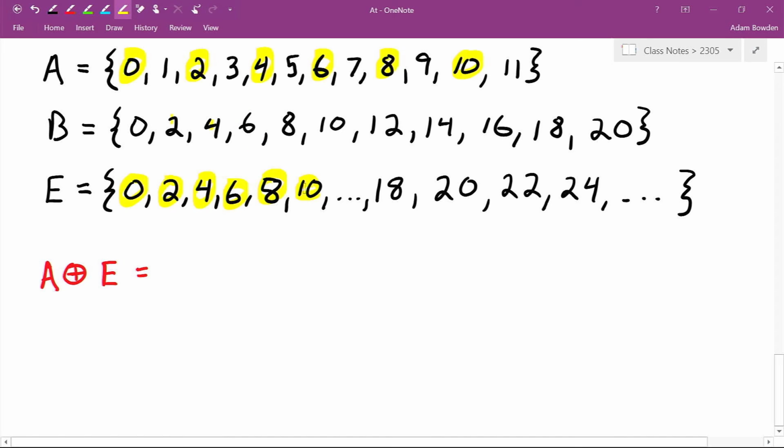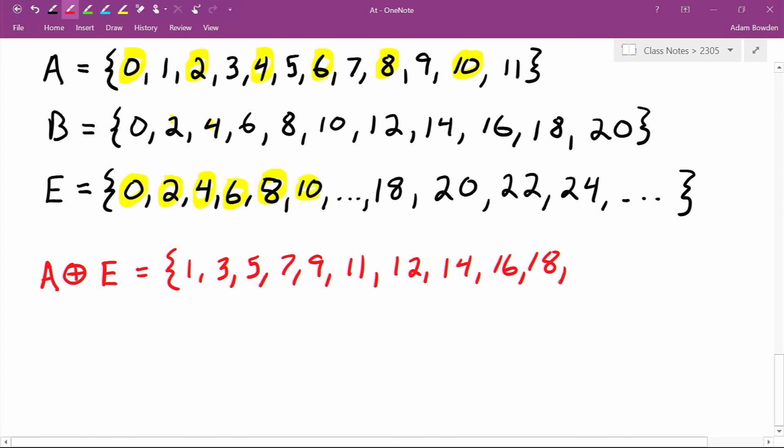So we'll join together everything from A with everything in E, but exclude the numbers that we see here that they have in both at the same time. So A symmetric difference with E would contain the elements 1, 3, 5, 7, 9, 11. Then it's going to pick up from there with elements from E, which would be 12, 14, 16, 18, and so on from there.